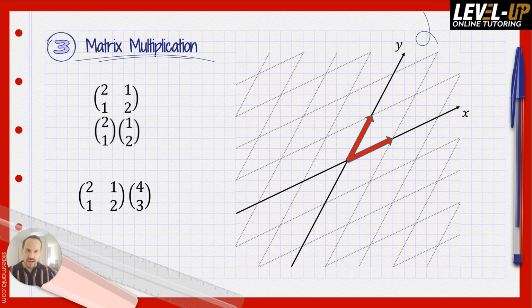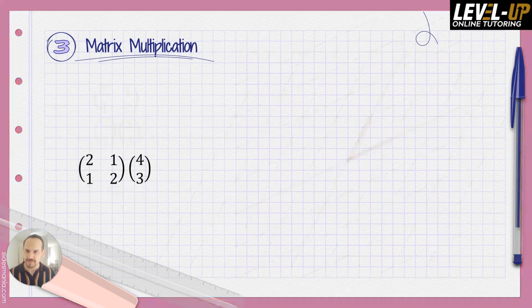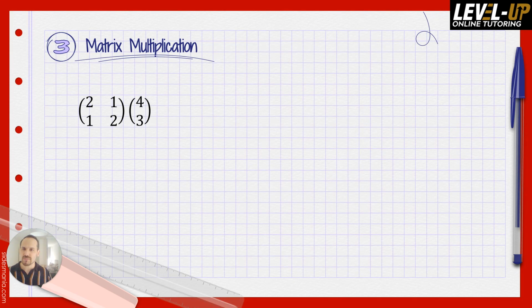Okay, now let's see how we can work out that multiplication using this intuition we've now developed. So if we're trying to do this multiplication, we know that a distance of 1 in the x direction is now going to go to 2, 1 instead. A distance of 1 in the y direction is going to go to 1, 2 instead.